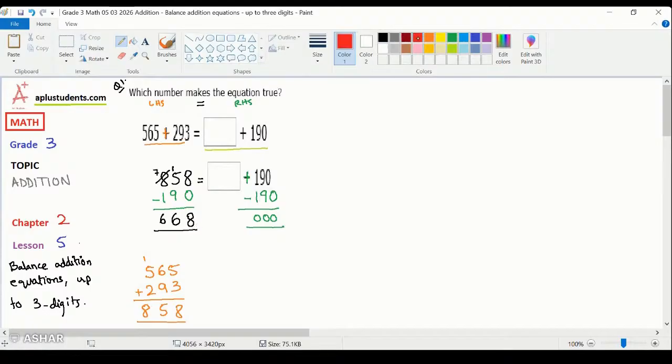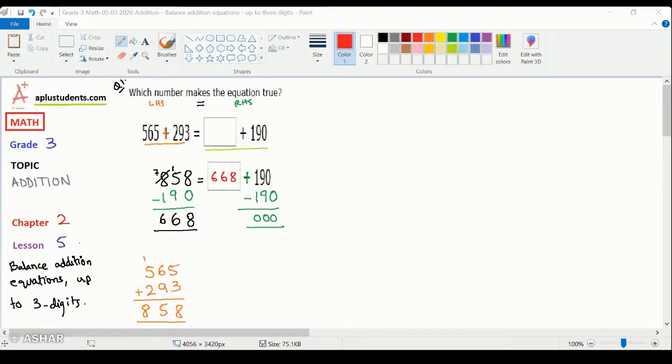So we found this missing number, 668. Agreed? Why are we subtracting? Because it had a positive sign. Let's look at another example. I'll do it again from the basics.